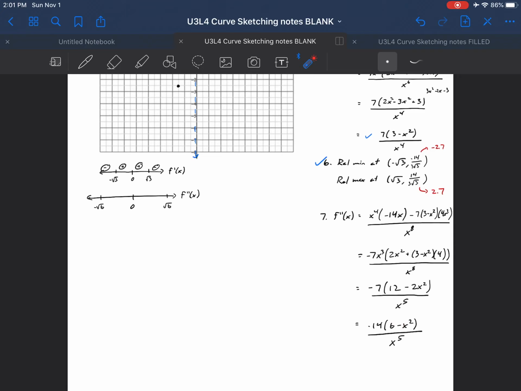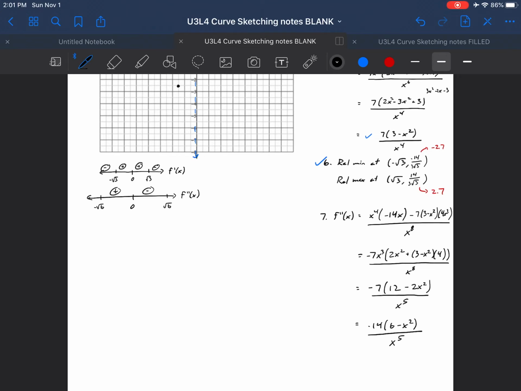Okay, so if x is between 0 and positive root 6, this is positive, this is positive, this is negative. So the whole thing will be negative. If x is between 0 and negative root 6, like for example negative 1, negative, positive, negative. Negative over negative is a positive. So this is positive.